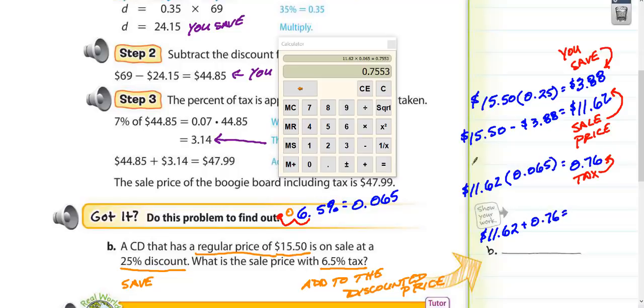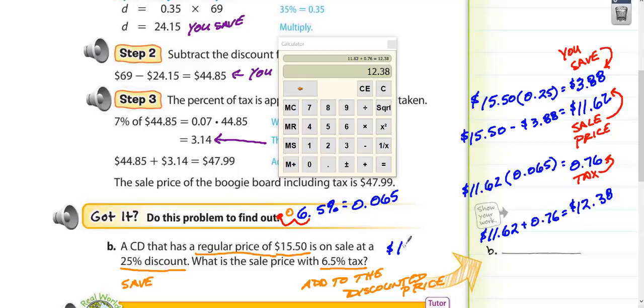Add the 76 cents. So take my $11.62 and add the 76 cents, and I end up with $12.38. And that is my final answer.